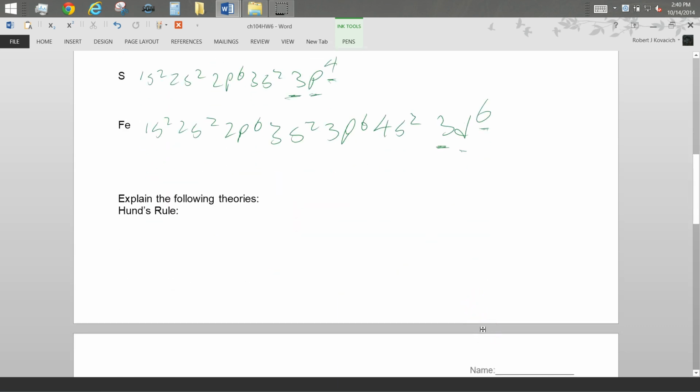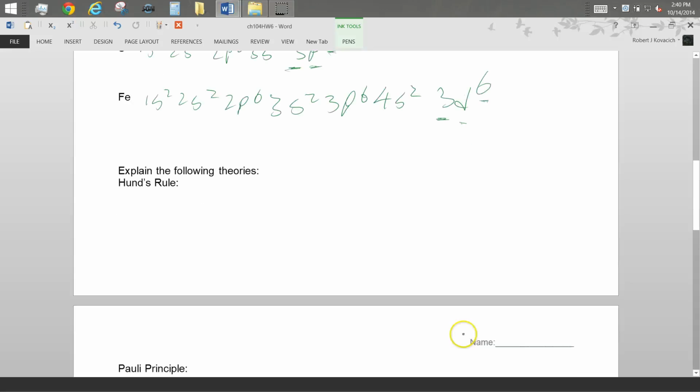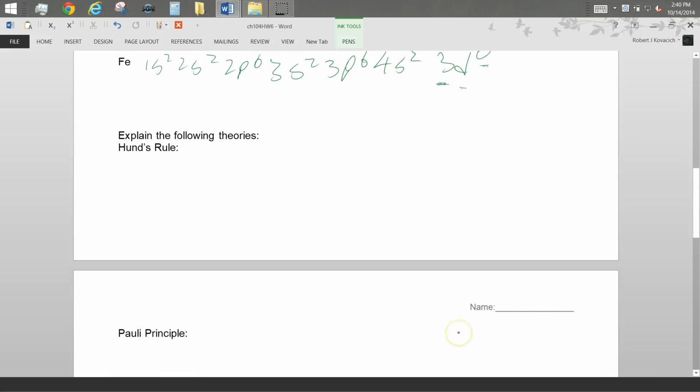Hund's rule. What's the explanation for Hund's rule? That's where electrons will fill up orbitals without any electrons in them first. That's Hund's rule. Sure. A little bit more to that.